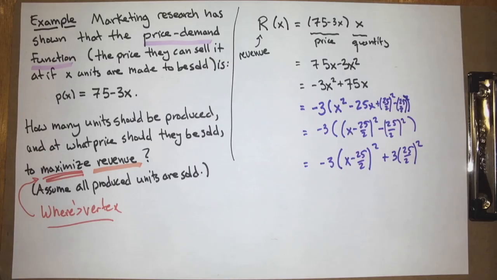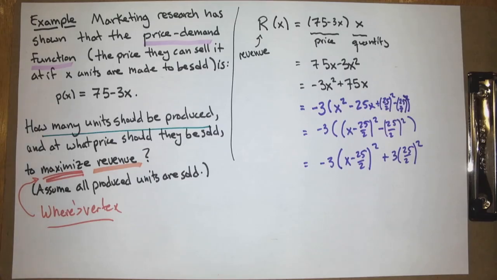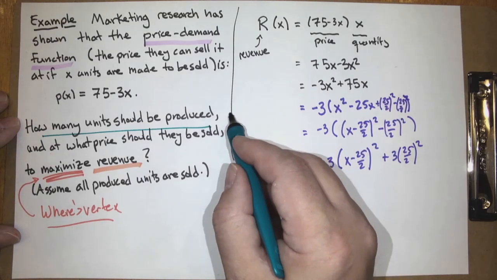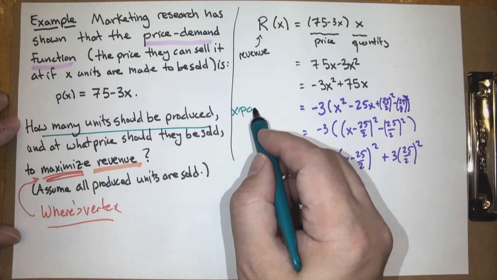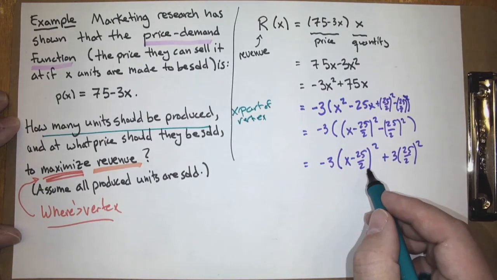Well, almost. Question 1. How many units should be produced? How do we figure that? Yeah, so this is the x part of your vertex. And in this case, it says what?